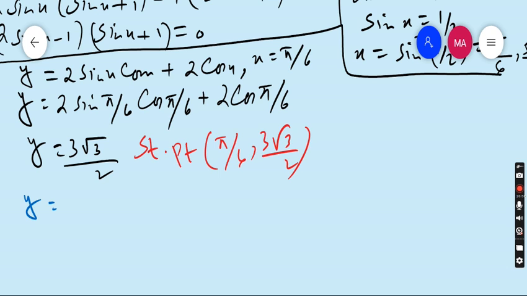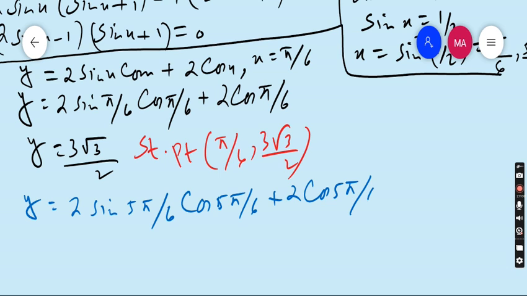So y is equal to 2 sin 5 pi by 6 cos 5 pi by 6 plus 2 cos 5 pi by 6, and the value of y this time is minus 3 root 3 upon 2.